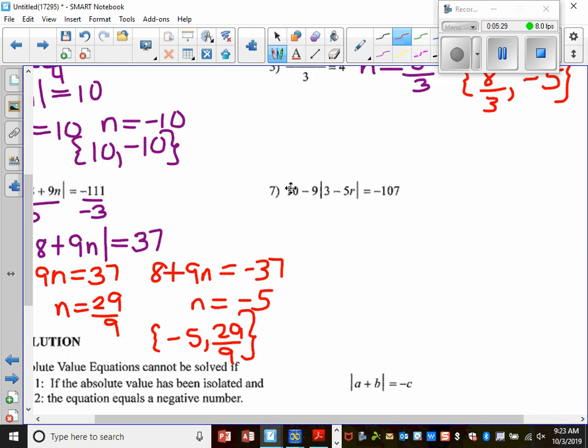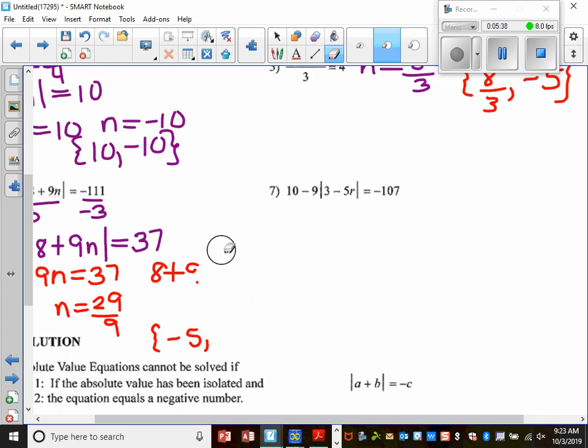Now, in number 7, we have a couple of numbers over here with the absolute value symbols. So which one do we eliminate first? Would be the 10. All right. Anything that's being multiplied or divided, we do that later. So in this case, we'll at least multiply. So we're going to now subtract 10.